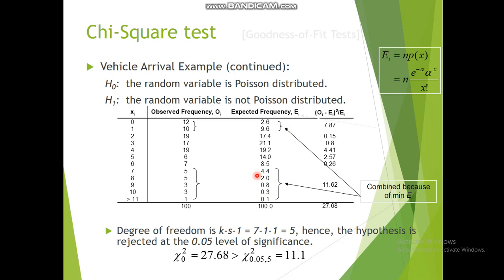If you combine these values, you also need to combine the observed frequencies, so automatically the number of class intervals is reduced. Then for each corresponding value you calculate (Oi minus Ei) whole square divided by Ei.